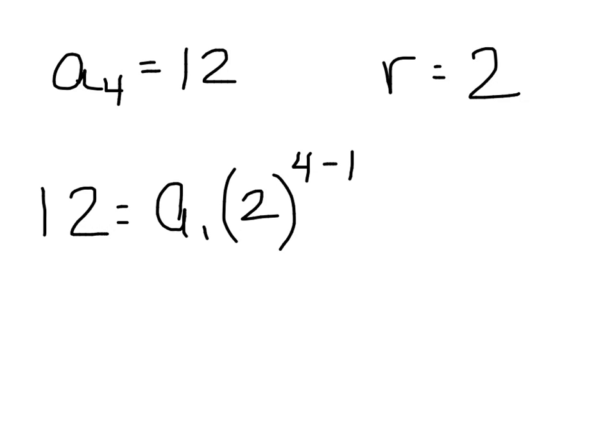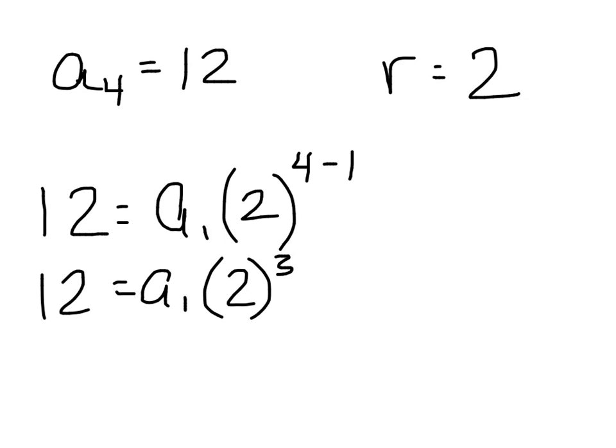So the 12 is going to go in the a sub n slot, and the 4 is going to go in the n position. So now to work backwards to find A1, this is how they're going to act. What's 4 minus 1? What's 2 to the 3rd power? Good. Glad you didn't say 6. So I have A1 times 8.